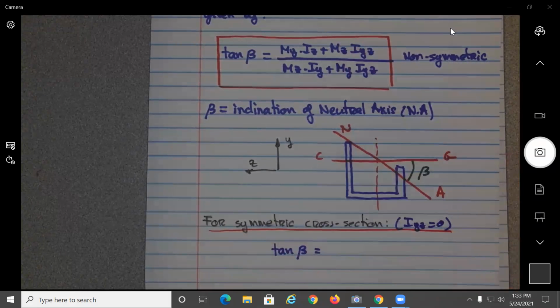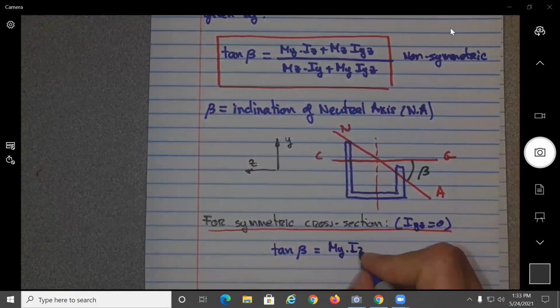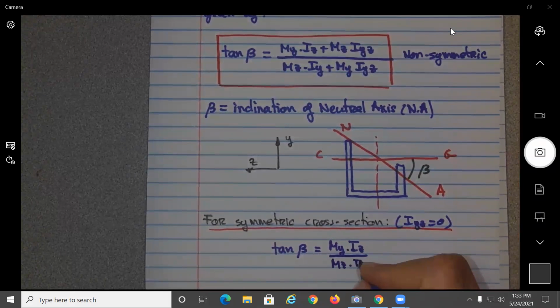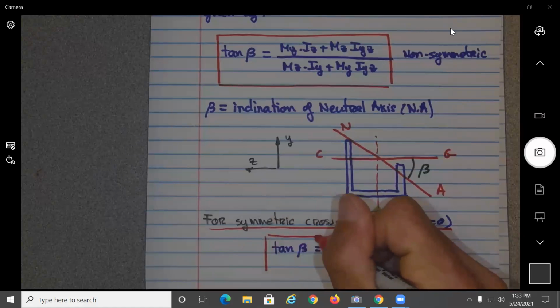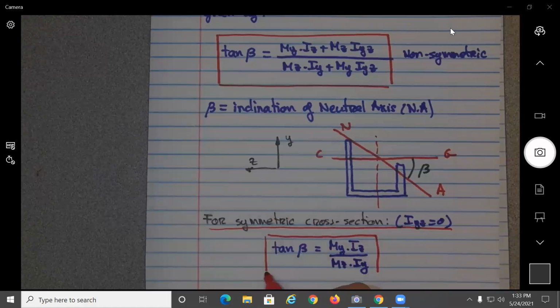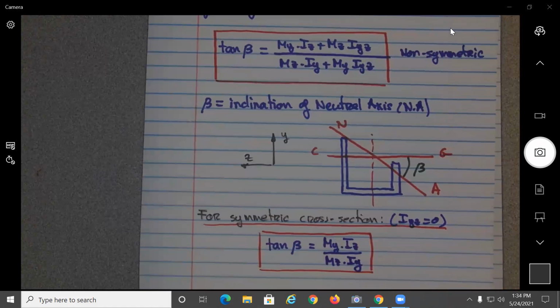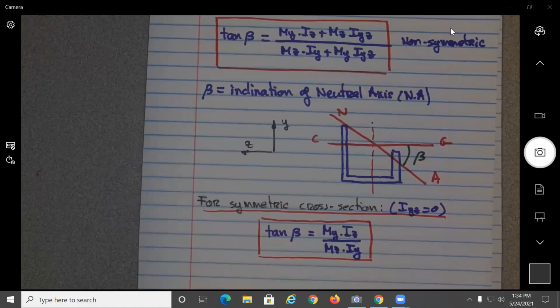Which will imply what? If we take that equation, this will just give you MY times IZ divided by MZ times IY. Okay, so what does that mean?